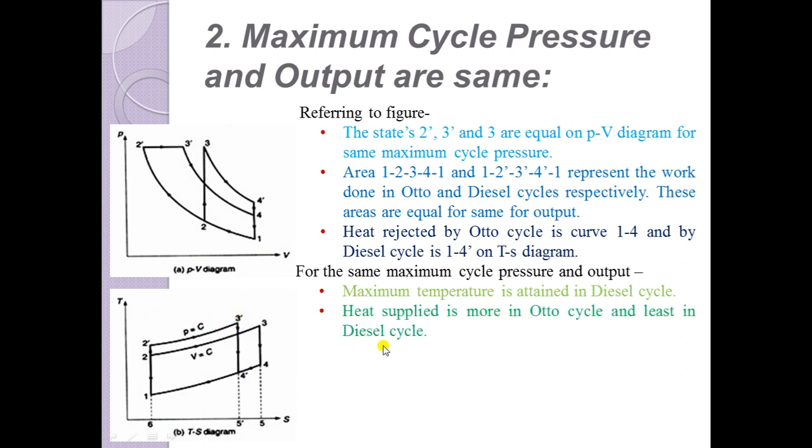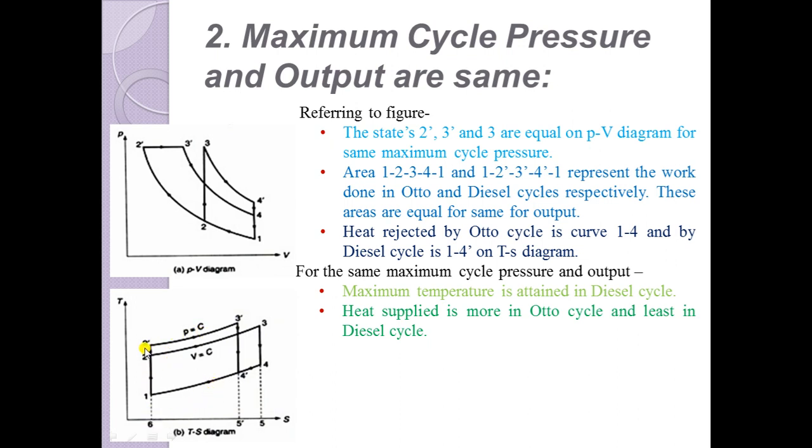The second observation is that heat supplied is more in the Otto cycle and least in the diesel cycle. If you measure the area 6, 2, 3, 4 and 5, this area represents the total amount of heat supplied during the cycle.